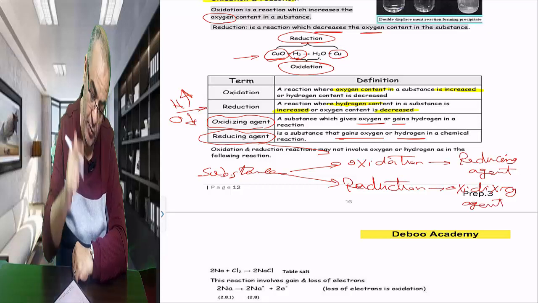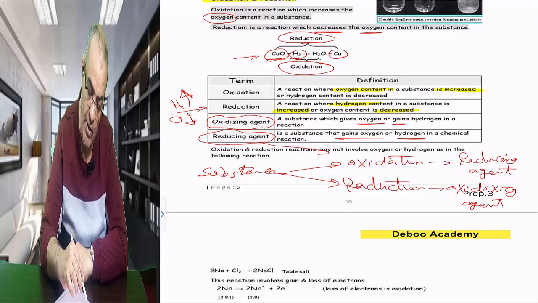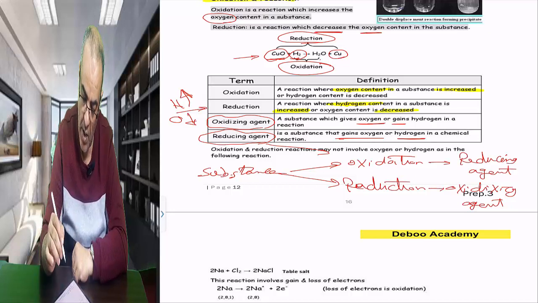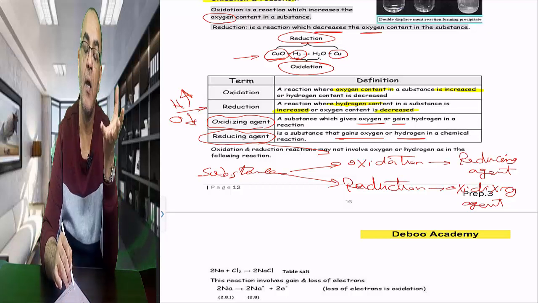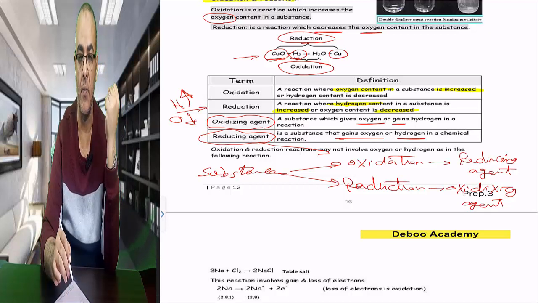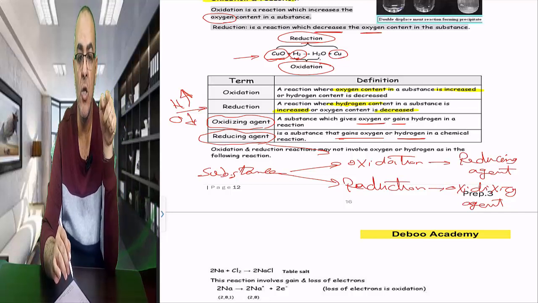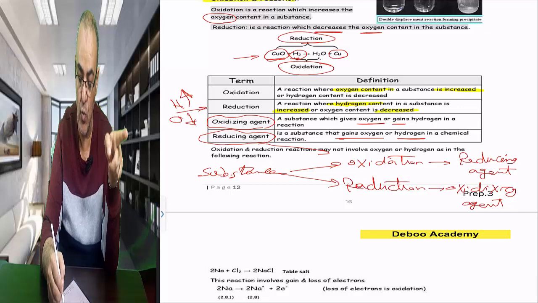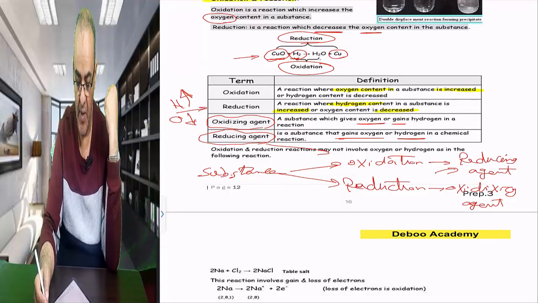So it's simple to understand the difference between oxidation and oxidizing agent. In oxidation, the substance itself gains oxygen and becomes rich in oxygen. So itself it is a reducing agent, because it takes oxygen from another substance.